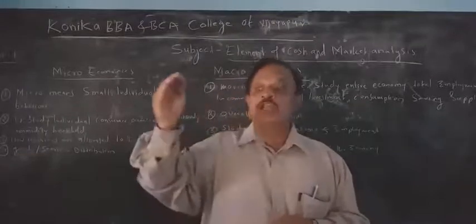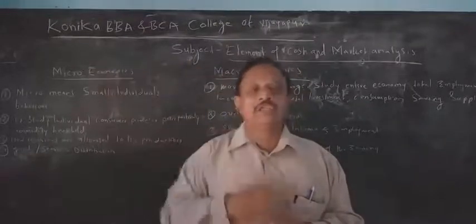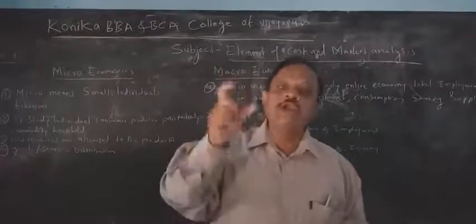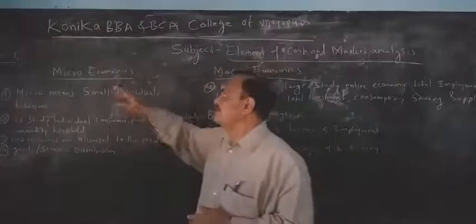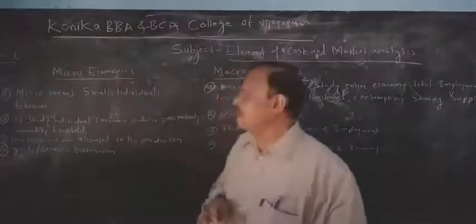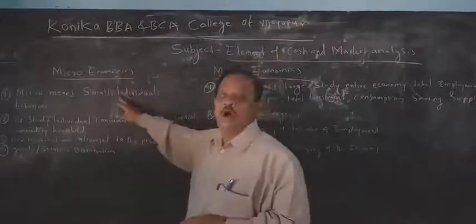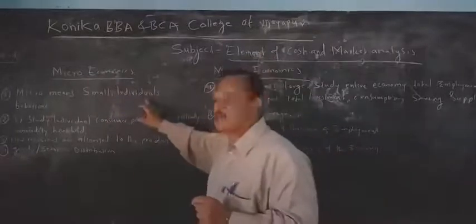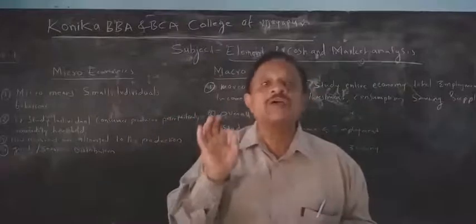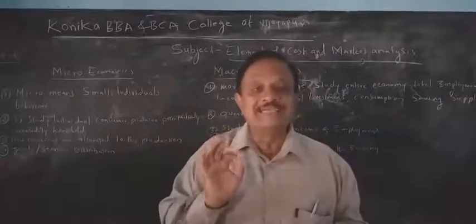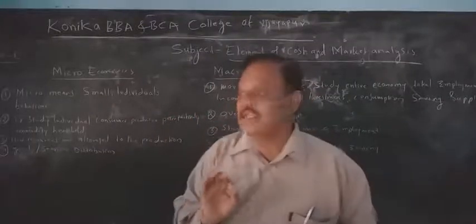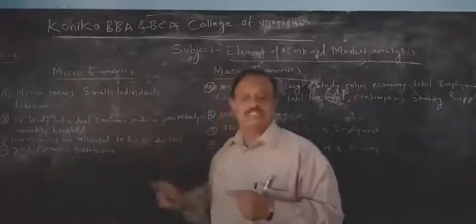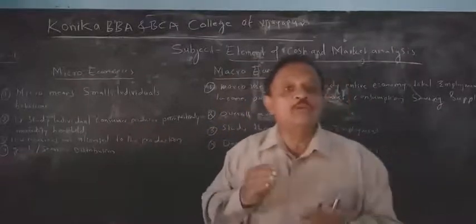So the individual under the management system is studied at a small level. That is microeconomics: small, and they study the behavior of the individual consumer. It is the study of individual consumers and individual producers.